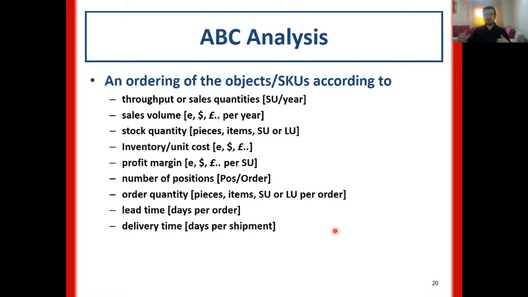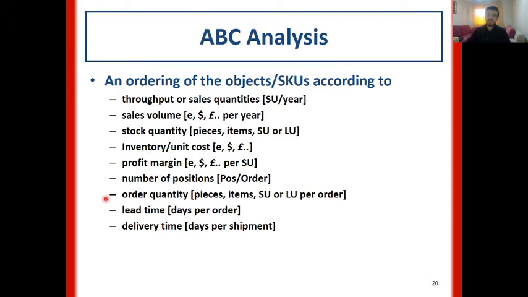So there are different criteria we can use to classify SKUs or items in our company. These criteria might be, as I said before, profit margin or sales volume or unit cost for inventory management. If many of our items are supplied from suppliers in different countries, lead time becomes an important issue.